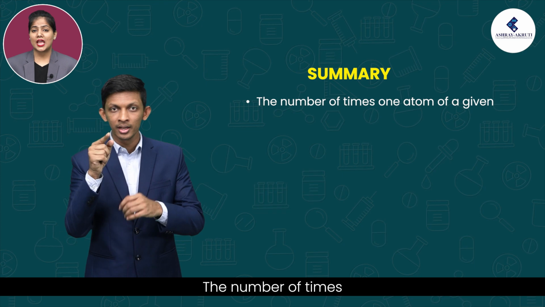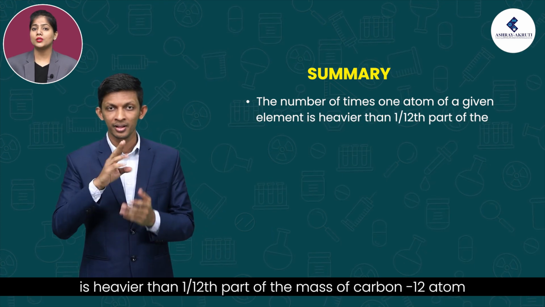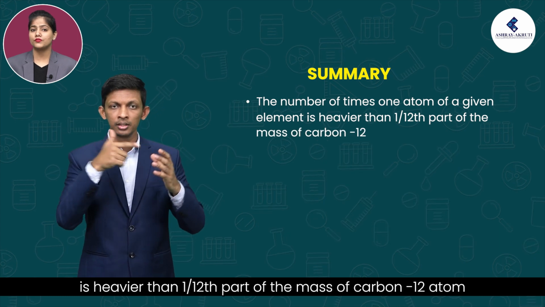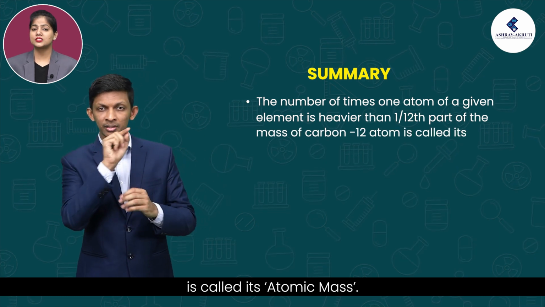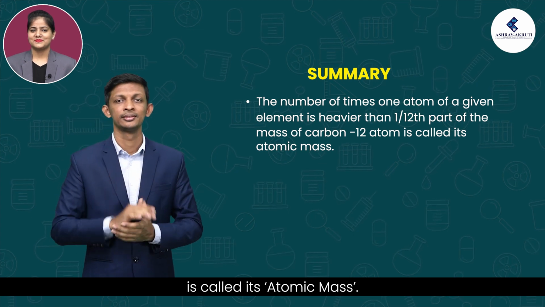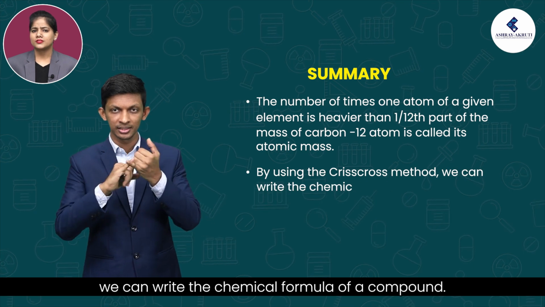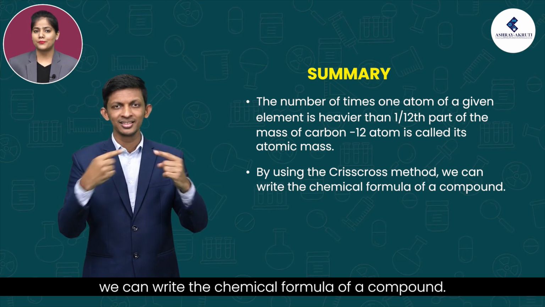The number of times one atom of a given element is heavier than 1/12th part of the mass of carbon-12 atom is called its atomic mass. By using the crisscross method, we can write the chemical formula of a compound.